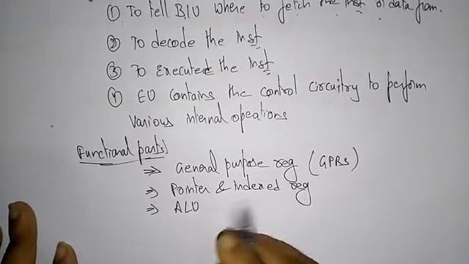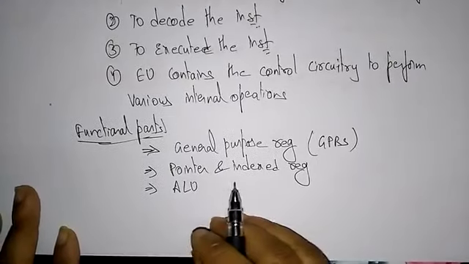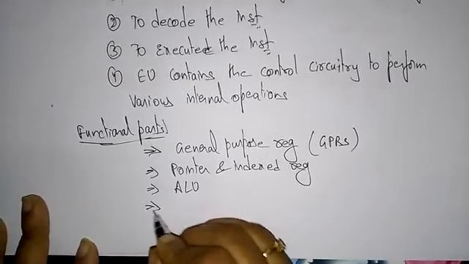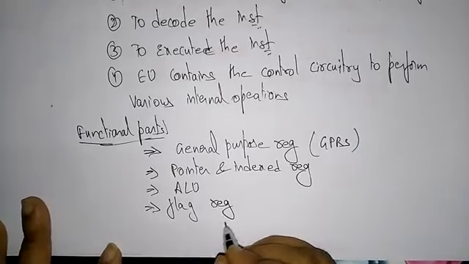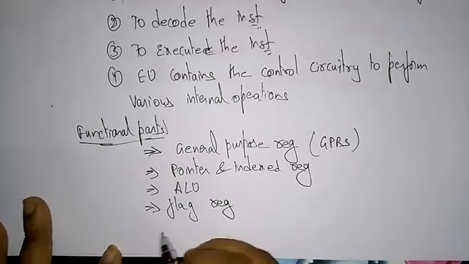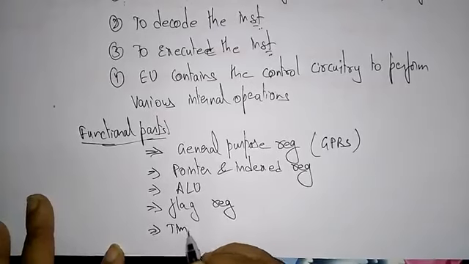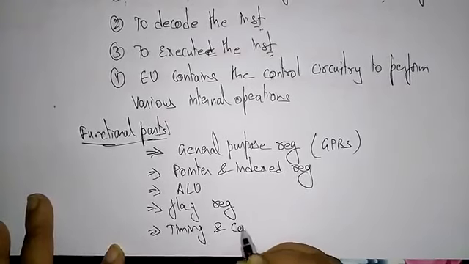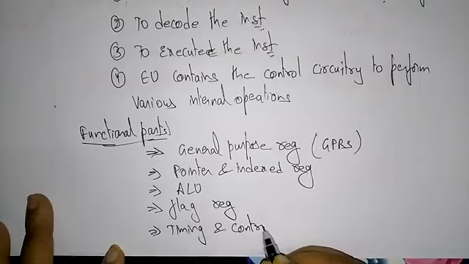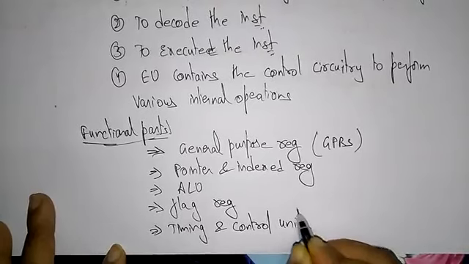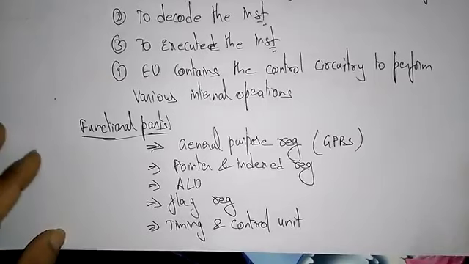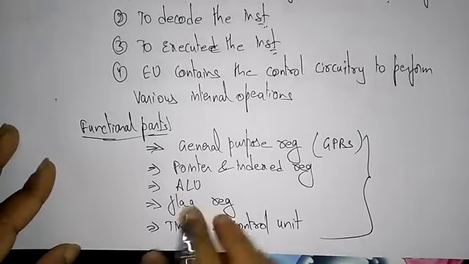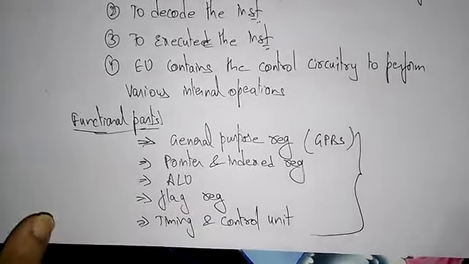Then the arithmetic logic unit, which is the main device to perform all arithmetic and logical operations. Flag registers indicate the result of the data. The timing and control unit is used to monitor and control the operation of the bus interface unit and the execution unit. So these are the five functional parts present in the execution unit.